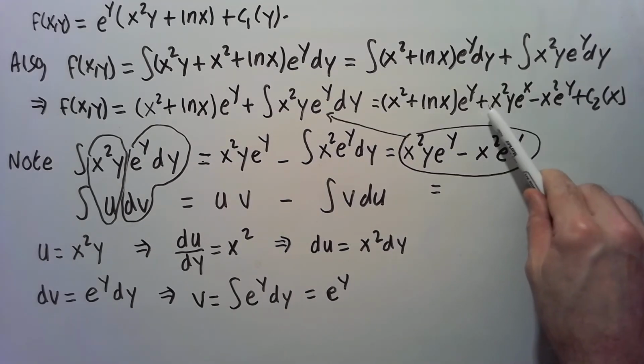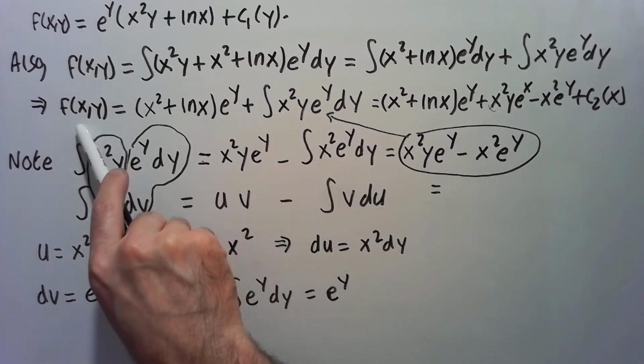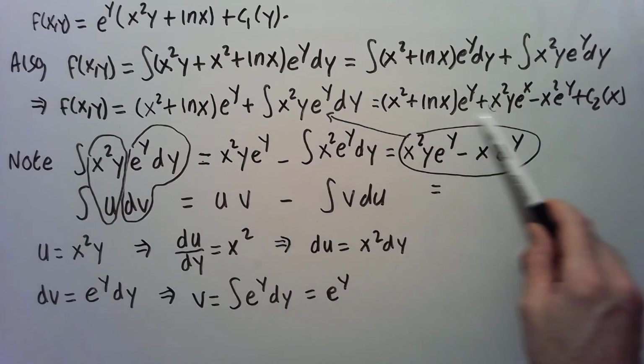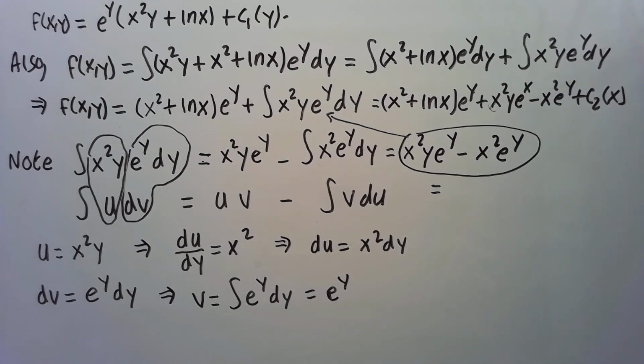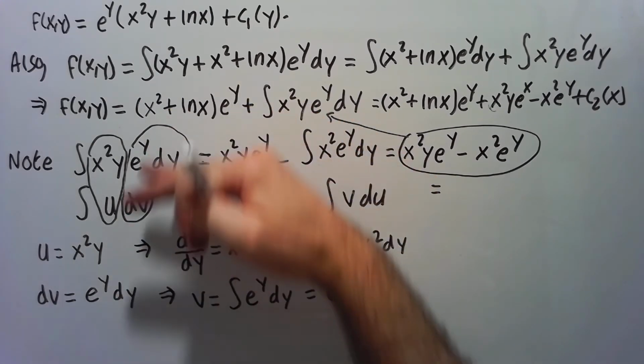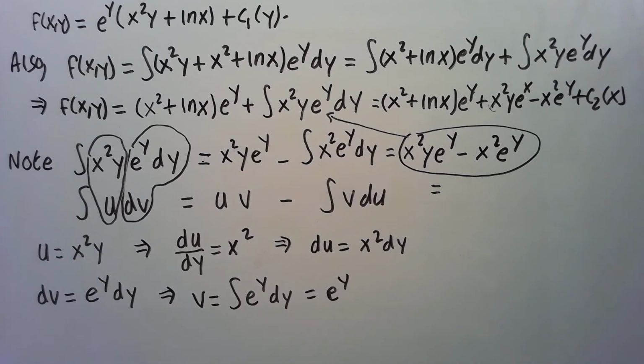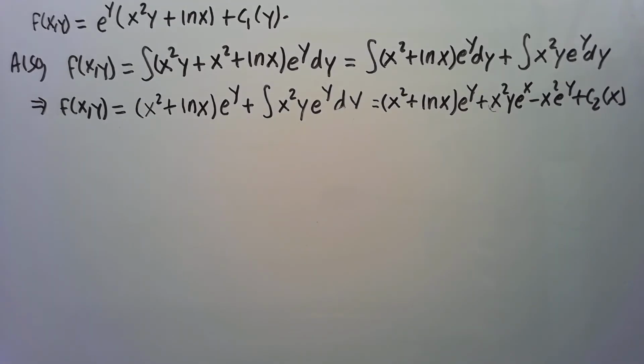Okay, so I made a substitution over here, so our parent function will equal this. I'm going to erase the integration by parts formula and the stuff down here, it's in the way. Okay, so I've erased it.